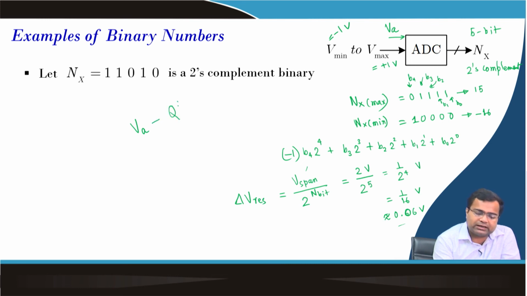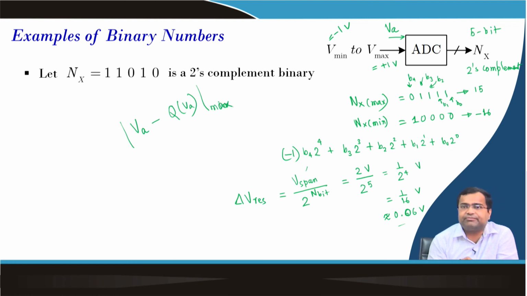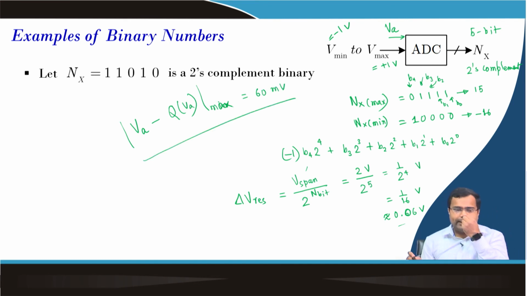The maximum difference will be in the order of 60 millivolt. Minimum, if both match, let us say if you take 0 volt, output is 0, then perfectly there is no error. So typically the error can vary between plus and minus.